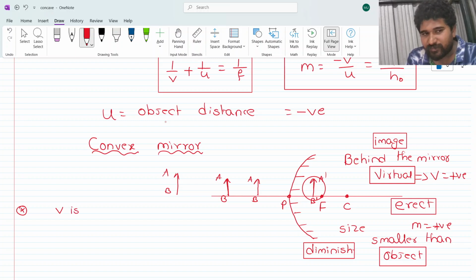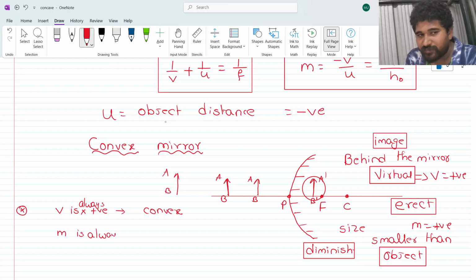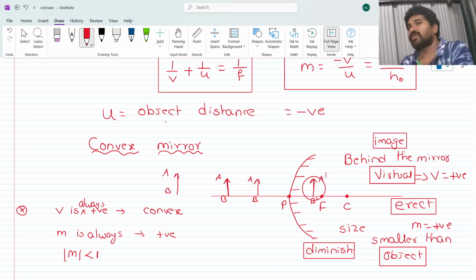Now strongly I can tell one point here. V is always positive for which mirror? Convex. And at the same time, M is always positive. And the magnitude of M is always less than 1.